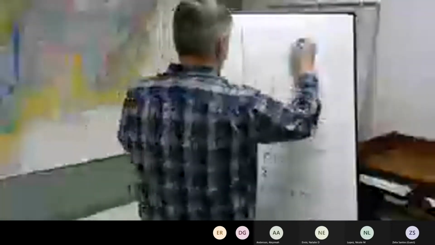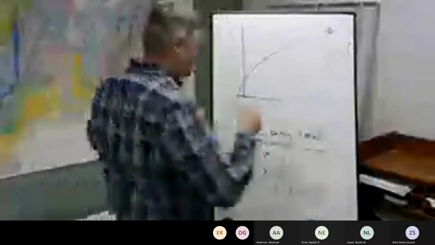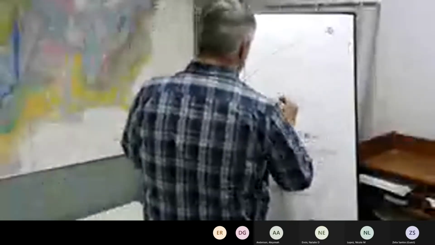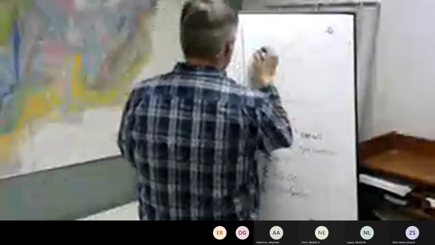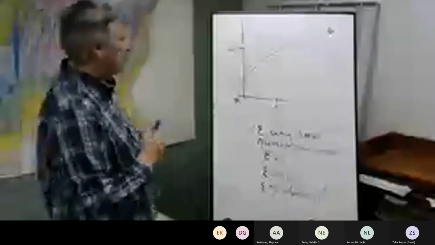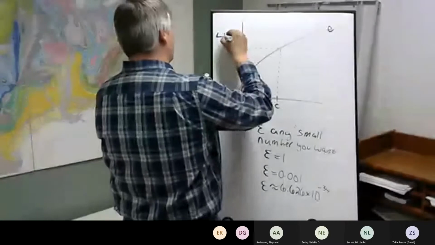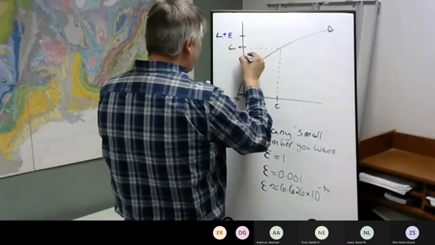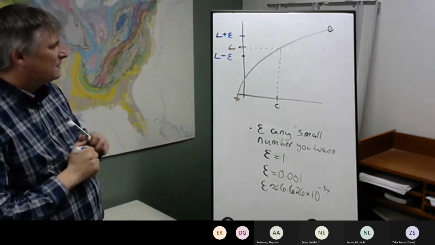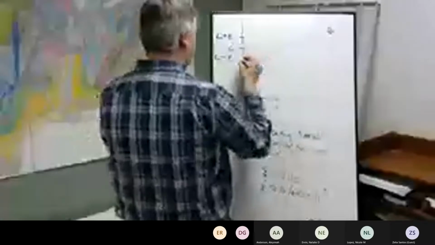We've got our function here, and C. Here's L. And so L plus epsilon could be up here, and L minus epsilon will be right here. Here, let's lower this a little bit. That's better.